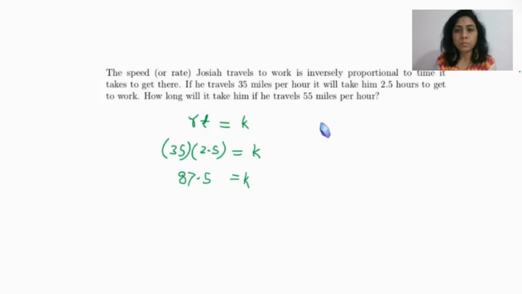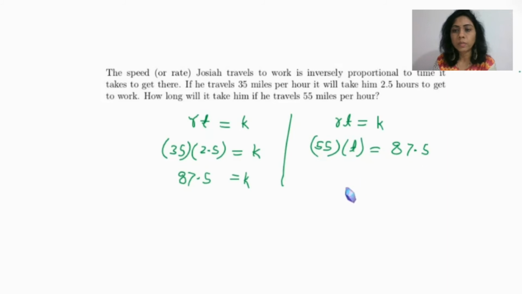Okay. Now here again write rt equals k. What is the r value? The r value is 55 miles rate, and t we don't know, what is the time. K we already found, right?